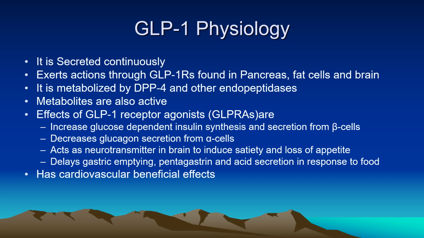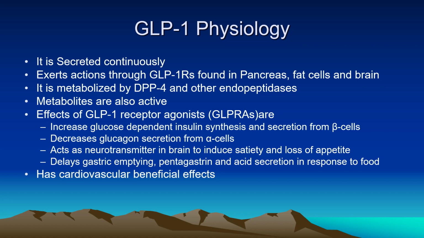Number one is increased glucose dependent insulin release from the beta cells, decreased glucagon secretion from alpha cells, and acting as a neurotransmitter in the brain to induce satiety and cause loss of appetite. Therefore, it may produce a central anorexic action leading to weight loss.